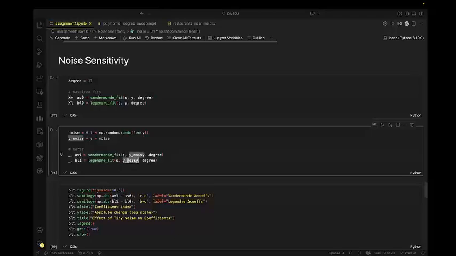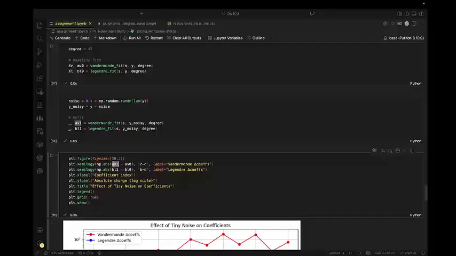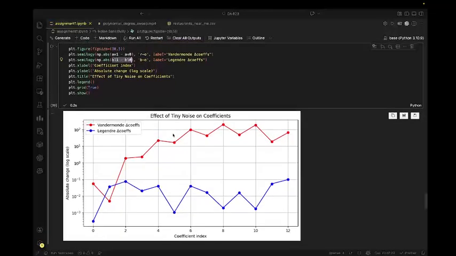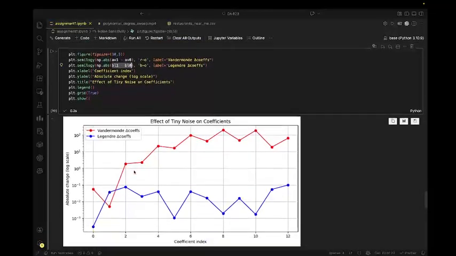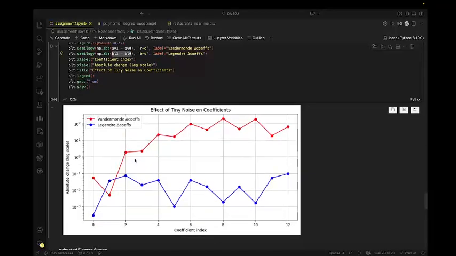We use y noisy, and after that we plot the absolute value of the differences of these coefficients obtained in both cases. And this plot shows the differences in these coefficients. As you can see, the differences in the coefficients after adding a small amount of noise are very large in the case of Vandermonde as the degree increases.